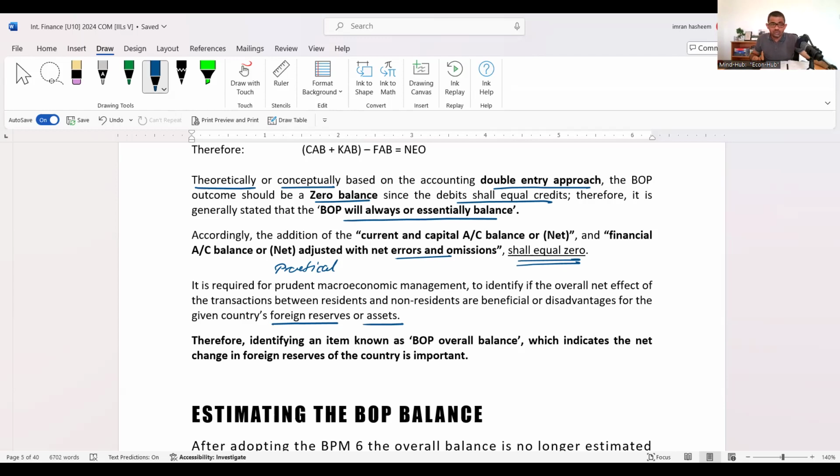Can you guys make a note of that somewhere? Just for your understanding. Just write somewhere here. I'll repeat it now. So maybe you can write something like this: Why BOP overall balance? Why do we need a BOP overall balance? That is a question.